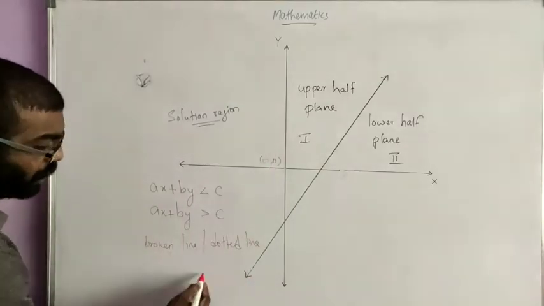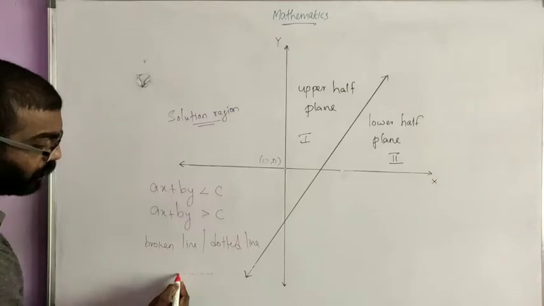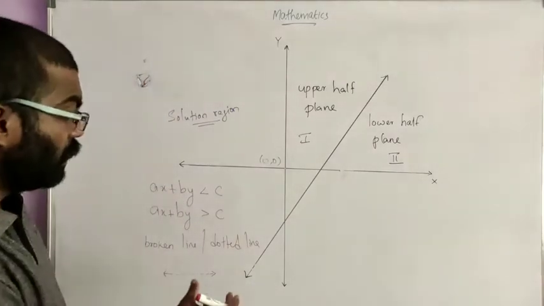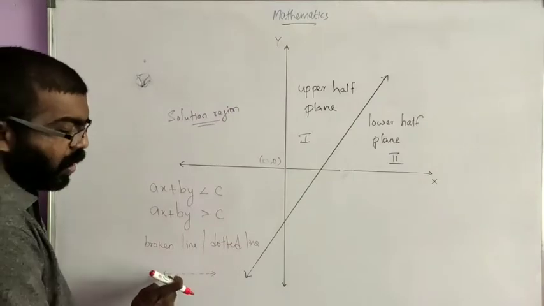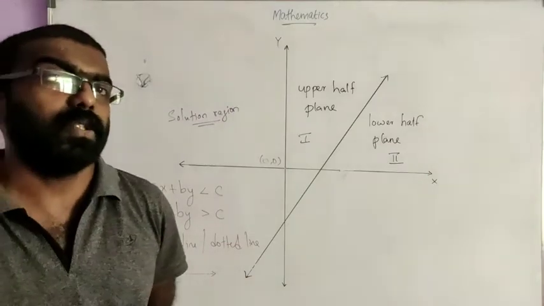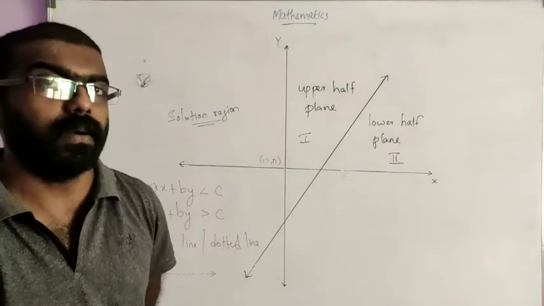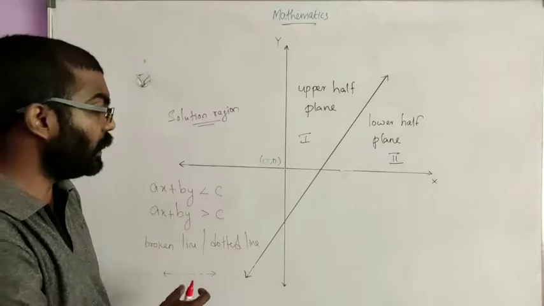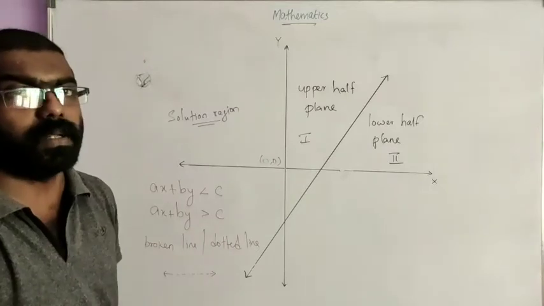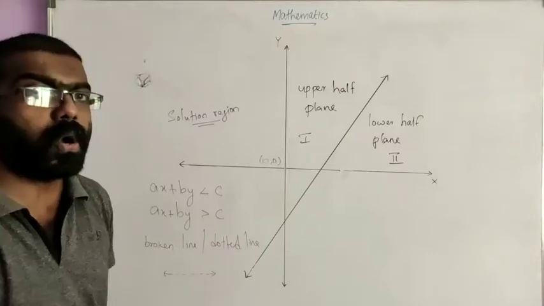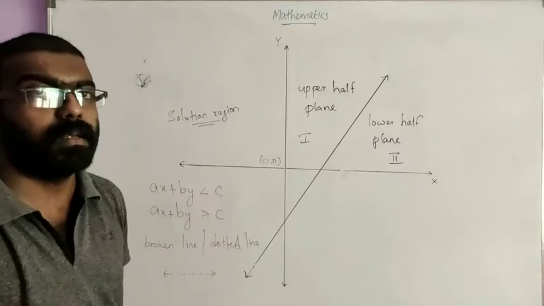Okay, we can draw the line like this. So this means that the points on this line are not the solution of this inequality. If you take any point on this line, it doesn't hold the inequality. Okay, that's why we use the broken line or dotted line.